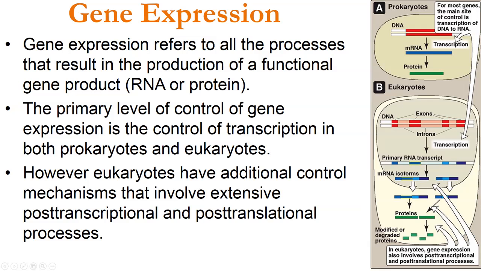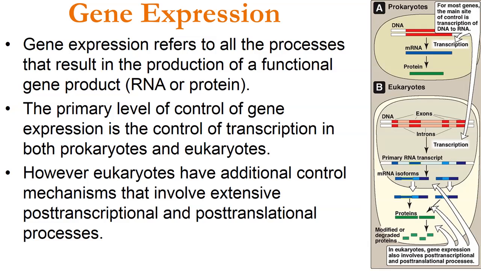That means the transcription of an RNA molecule, the processing events that occur in the nucleus to that primary transcript, the transport out of the nucleus, and all the things that happen in translation and all the post-translational modifications.